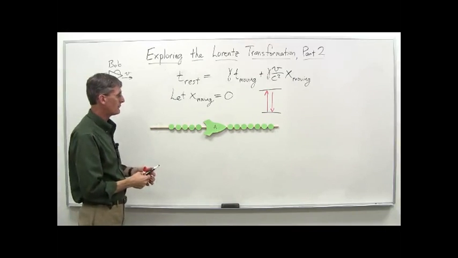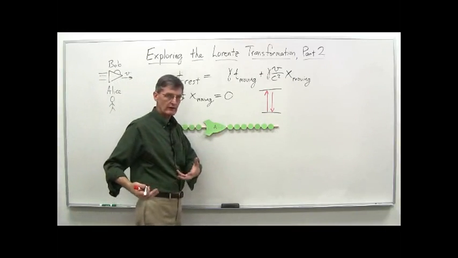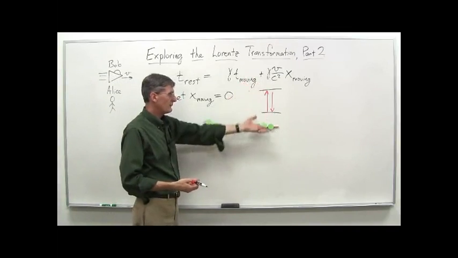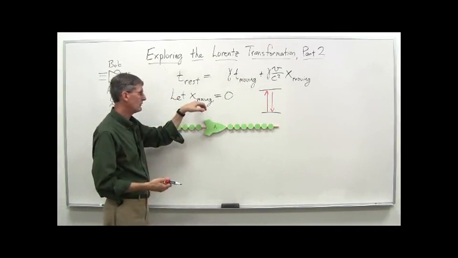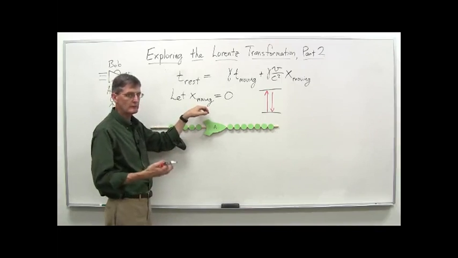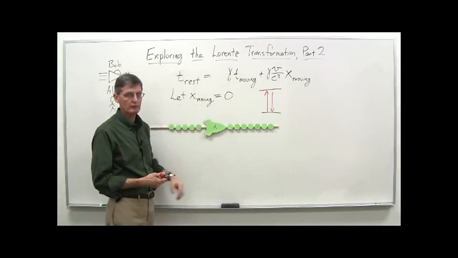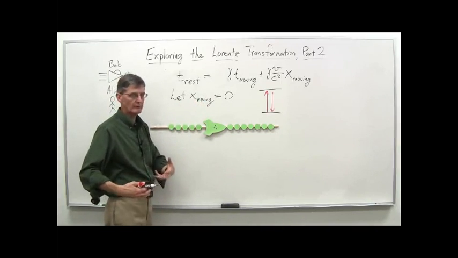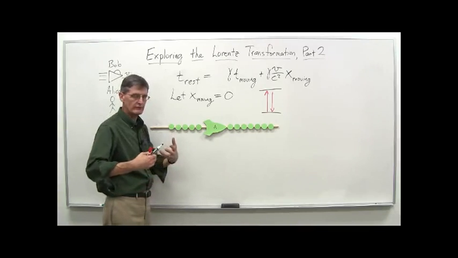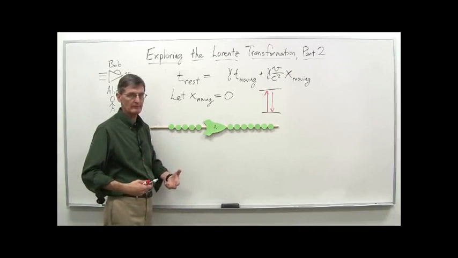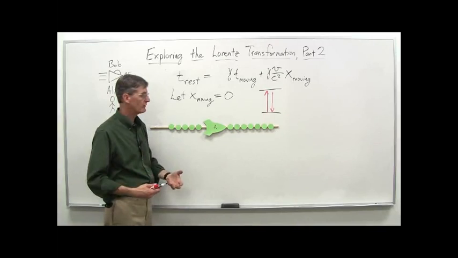But as far as Bob is concerned, if he's carrying the light clock with him, that bouncing up and down is happening in his moving frame, what we're labeling the moving frame from Alice's perspective, but in Bob's frame at x equals 0, because it's in his cockpit with him, and that's his definition of the origin. As far as he's concerned, he's not moving.